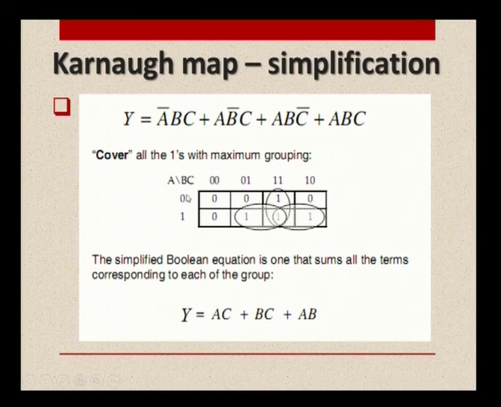We take A on the vertical side and B and C on the horizontal side, and we have these 8 boxes generated, and A0, B0, C0 is this box, A0, B0 and C1 is this box. It goes like that. So, it's well understood.